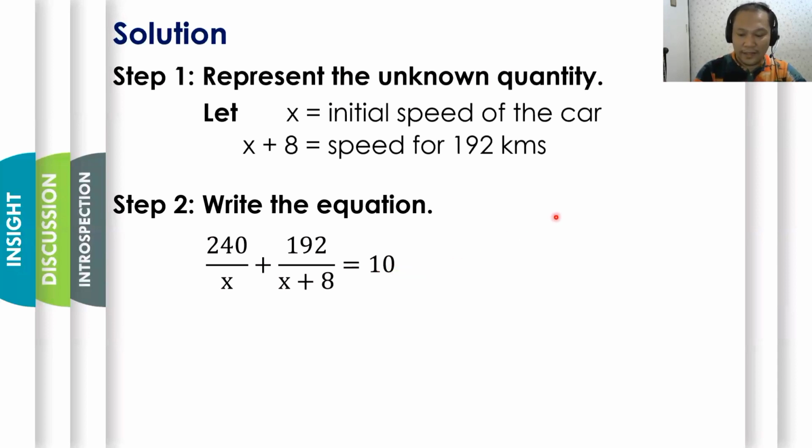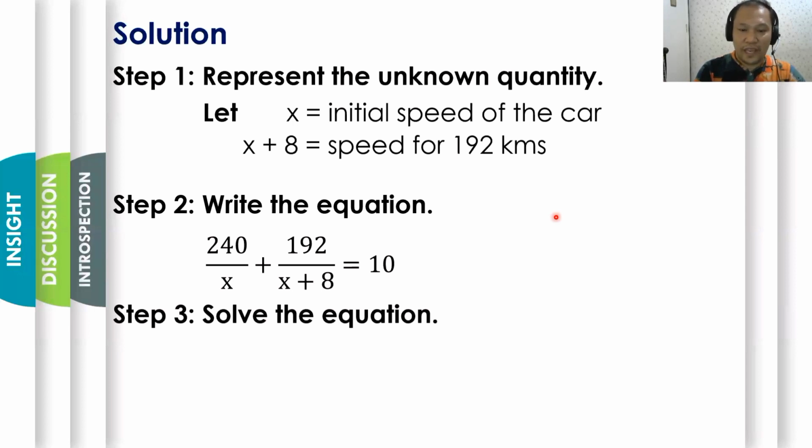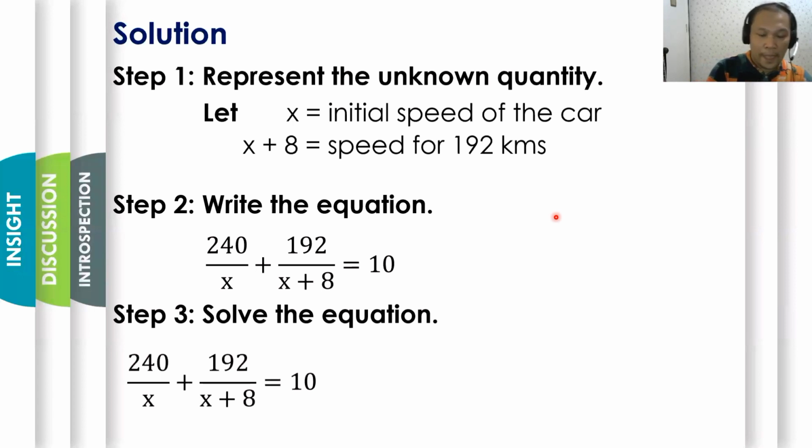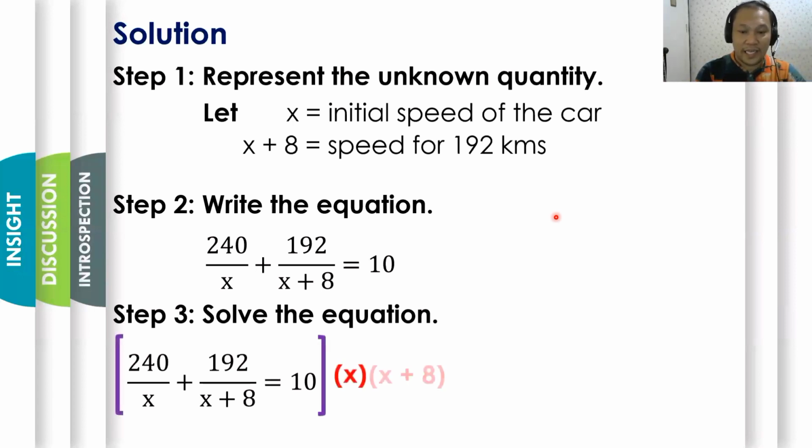After that, we are going to solve the equation. Remember, to solve our equation, we are going to get our LCD, and the LCD will be x times x plus 8. Then the LCD will be divided by each denominator.